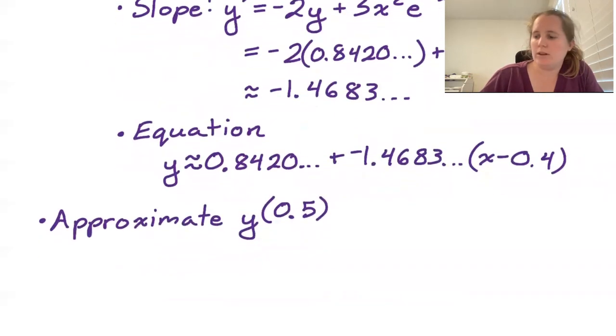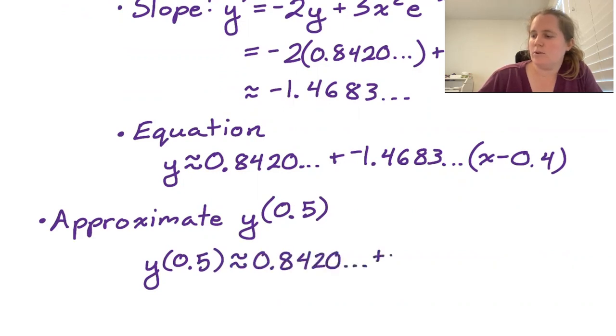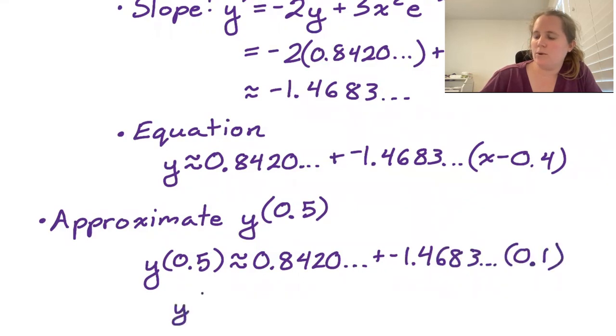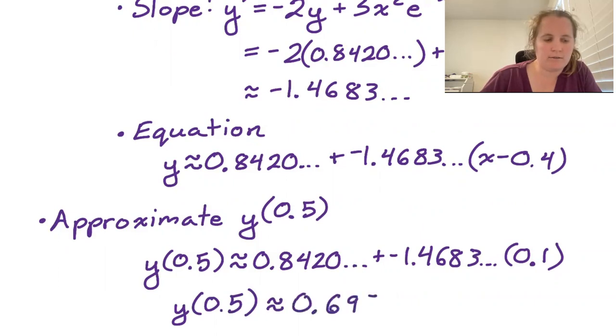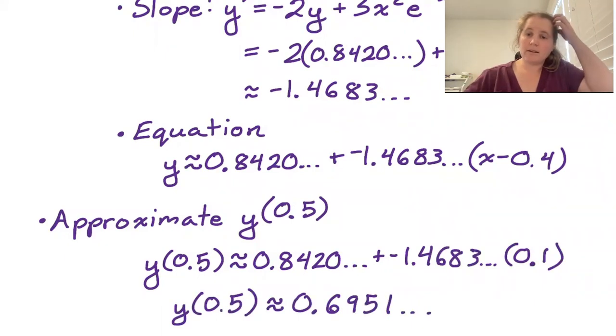And so if we plug that into the most recent equation, we have y of 0.5 should be approximately 0.8420 plus negative 1.4683... times 0.1. And we get that y of 0.5 is approximately 0.6951. And then there's more digits after that.